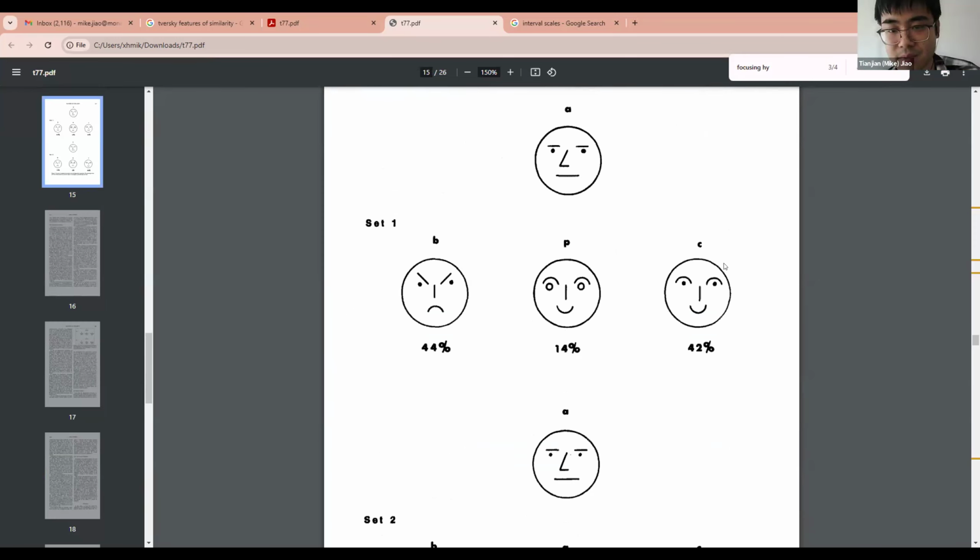So participants will be asked to judge out of three faces, which one is most similar to the face A. Okay, I see. And the percentage is how much percentage of participants chose each of the faces.